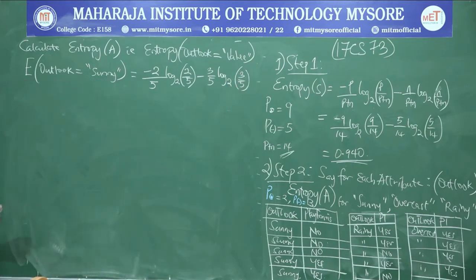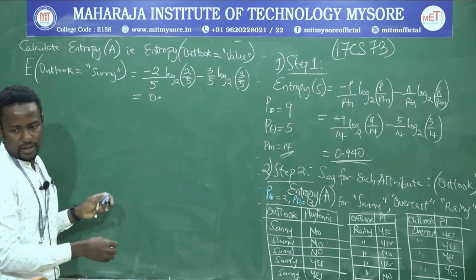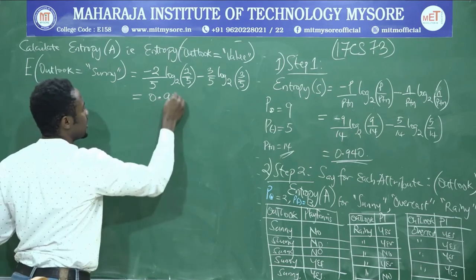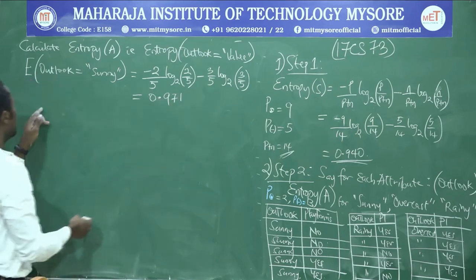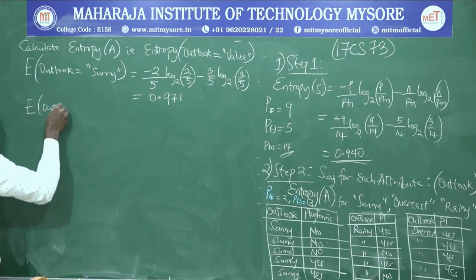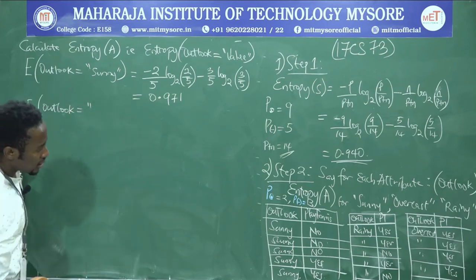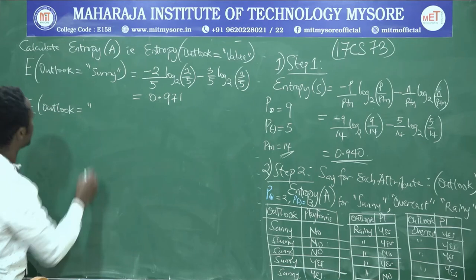Okay, so grab your calculator and punch the stuff. Evaluate this quickly. You will see it boils down to 0.971. We have to repeat this again for Outlook, right? Outlook equals what now? Rainy.